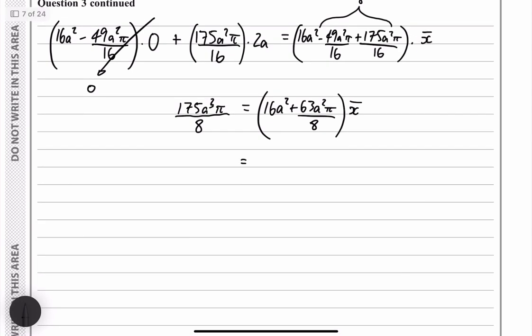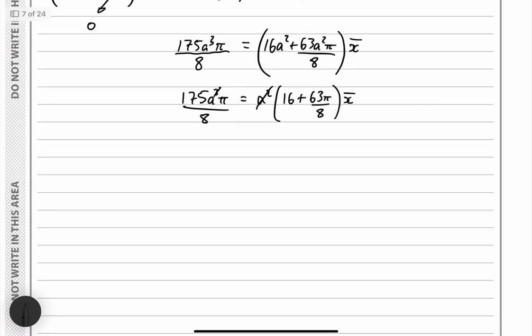Now before we go any further, let me factorize out a squared. 63 pi over 8 x bar, because that will cancel very nicely with the cubed there. So we've got 175a pi over 8 lots of 16 plus 63 pi over 8 equals x bar.